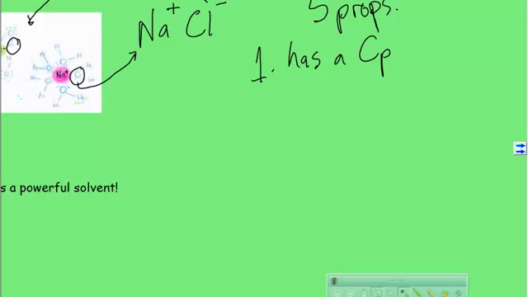What it takes to raise 1 gram of anything 1 degree. So there's 2 different units, but specific heat is the value. A calorie is just a quantity unit. Water has a specific heat of 4.18 joules per gram per degree Kelvin, also known as a cal. So that's just my unit.